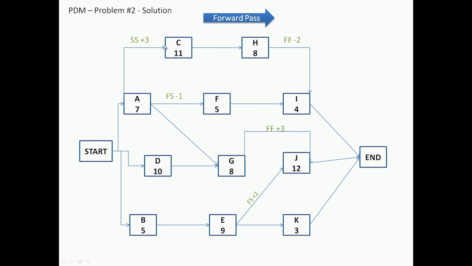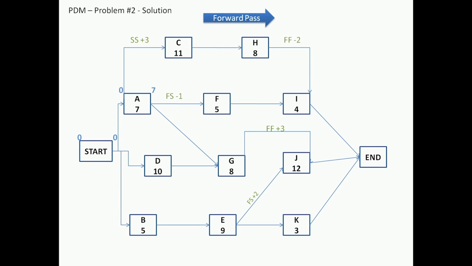We have the start relationship here, the finish start. We have a finish start relationship here with +2. Here is the finish with a negative lag, and the finish start with a negative lag. As we do the forward pass on this, this is fairly standard.